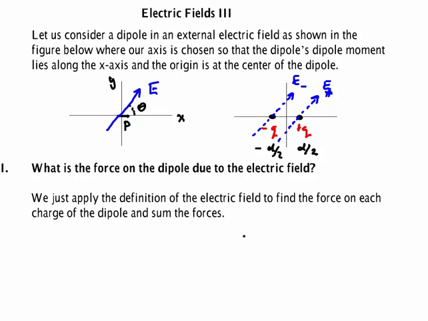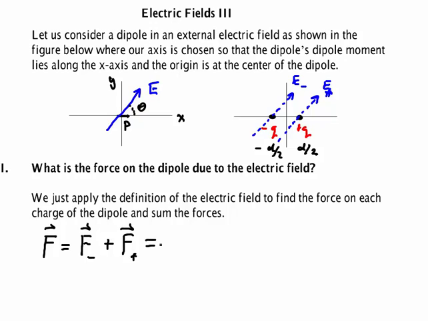How do we find the total force on the dipole? Well, we just apply our definition that the force is the electric field times the charge, and then we use superposition to sum up those forces. So the total force F is equal to the force on the negative charge and the force on the positive charge.